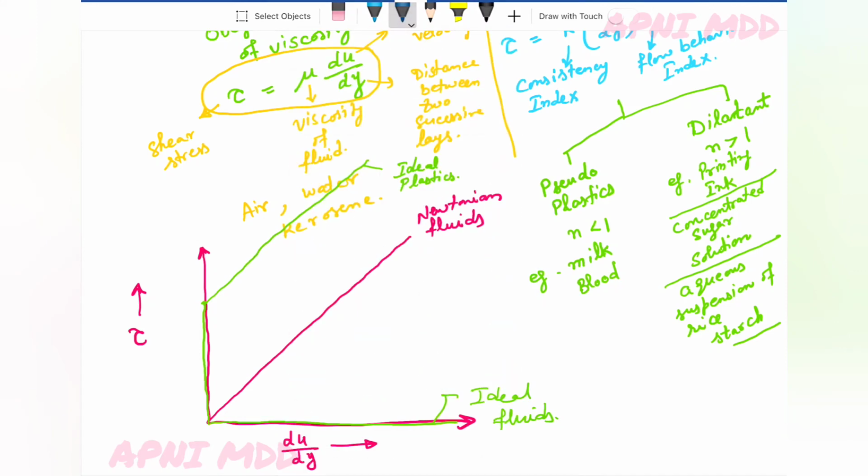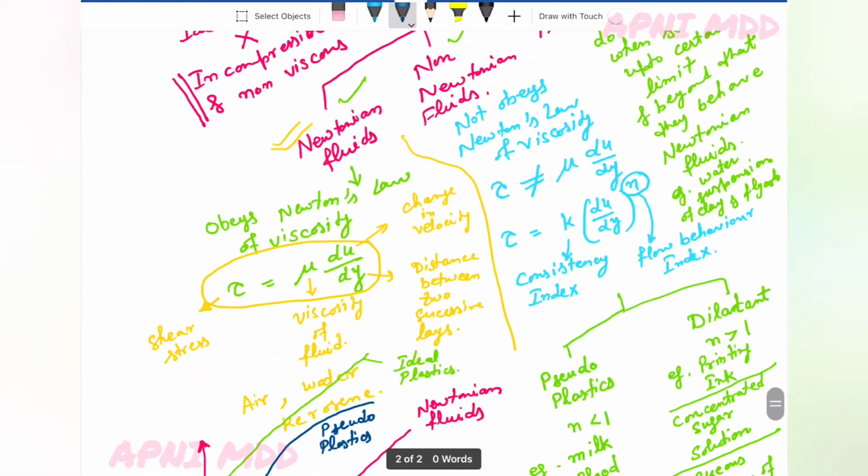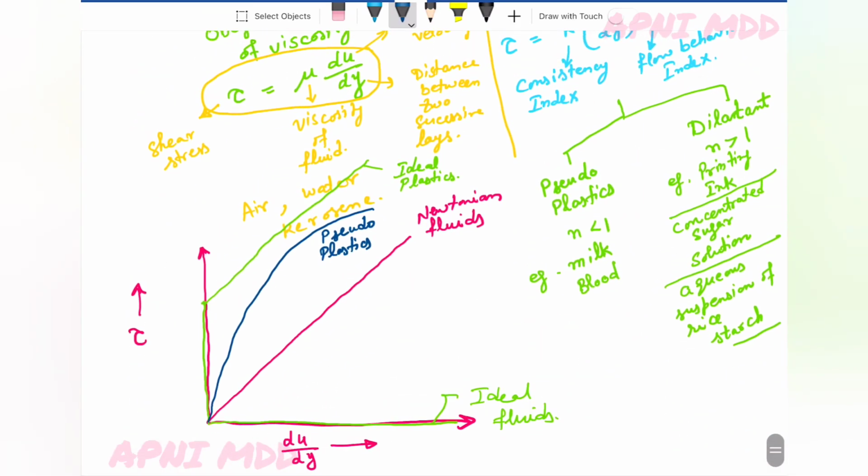Okay. Now for pseudoplastics, n is less than 1, so the curve is something like this. And for dilatants, the curve is like this.